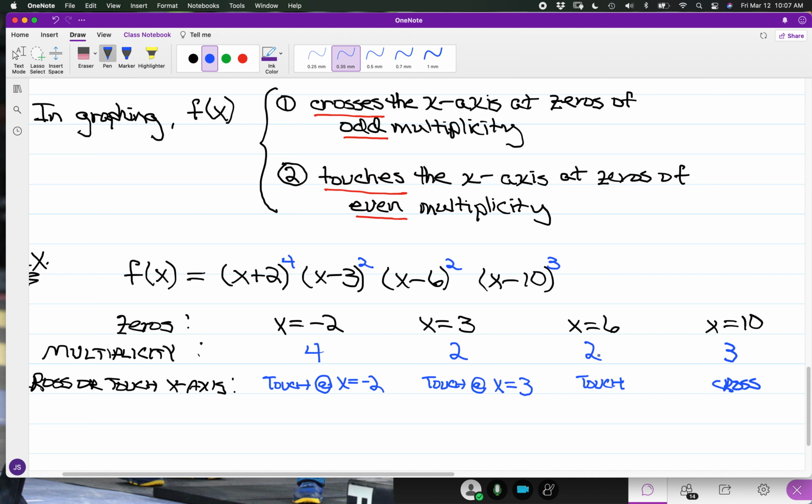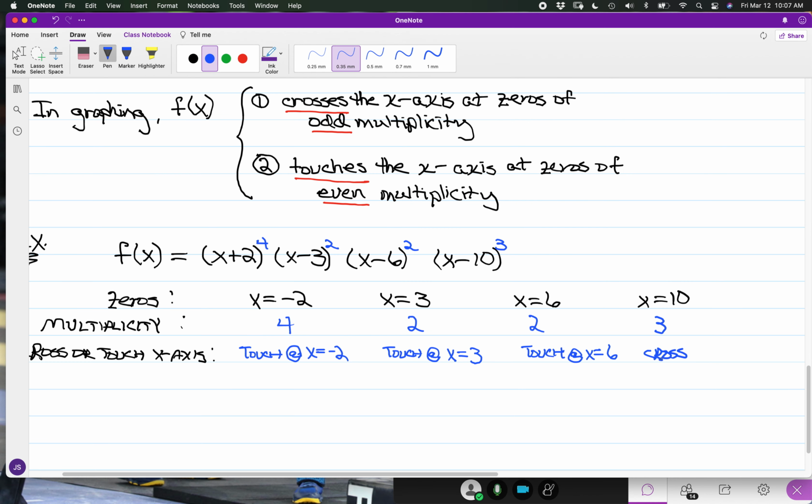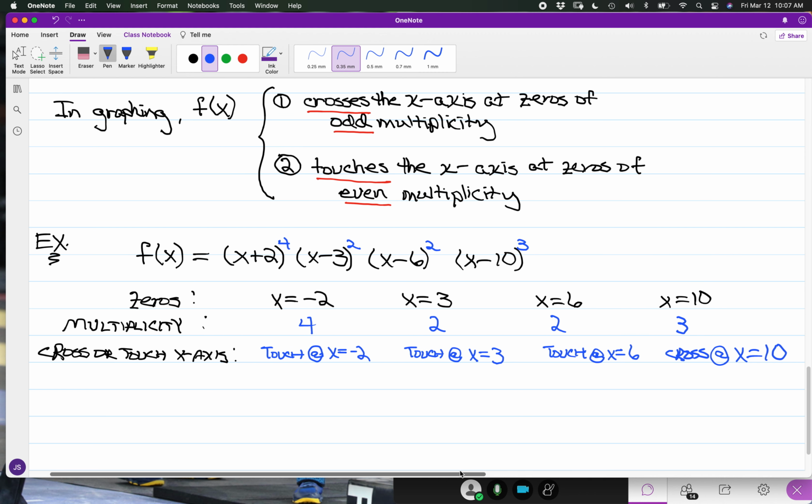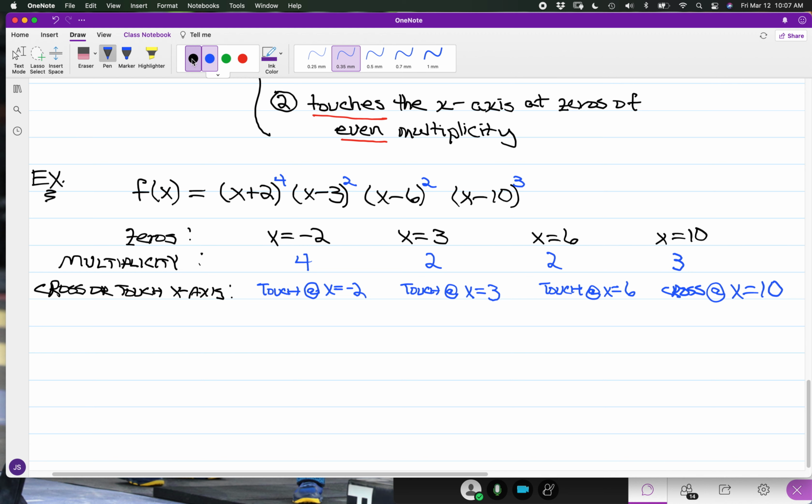And with 6, since that has an even multiplicity, it is going to touch at x is equal to 6. And with 10, which has an odd multiplicity value, the graph is going to cross at x is equal to 10.